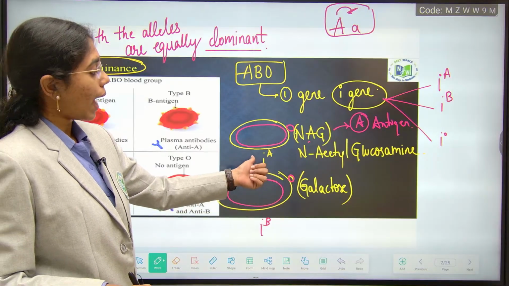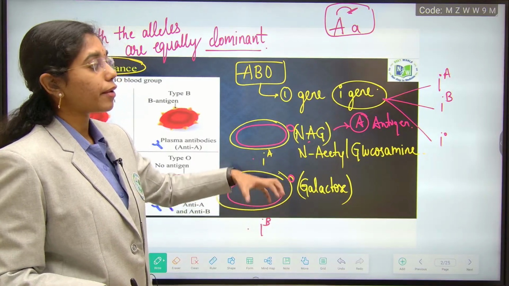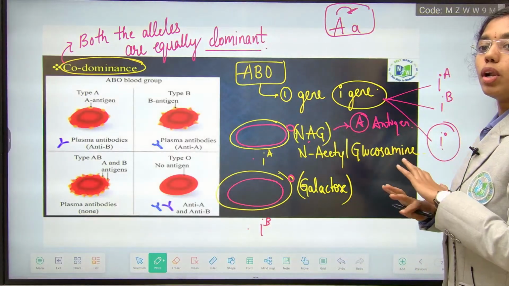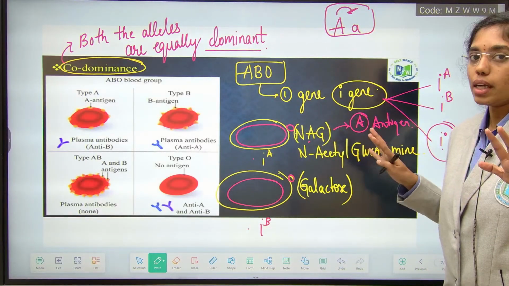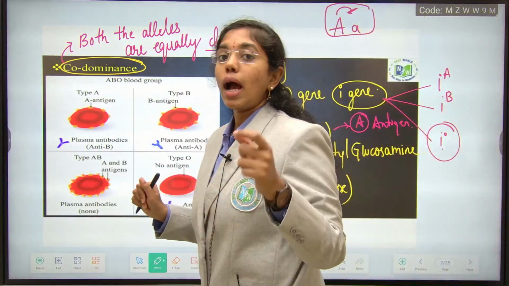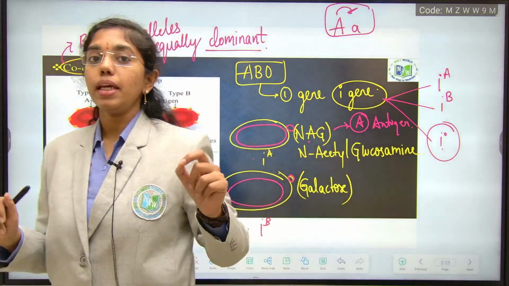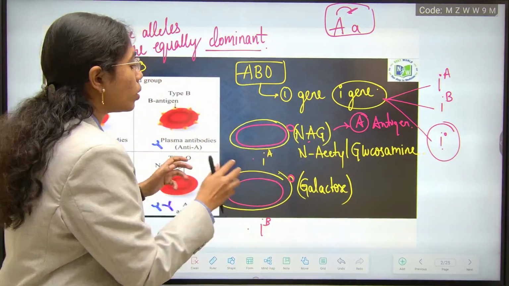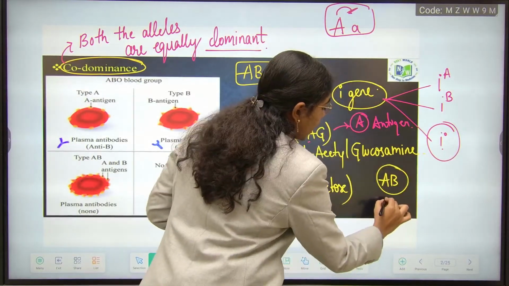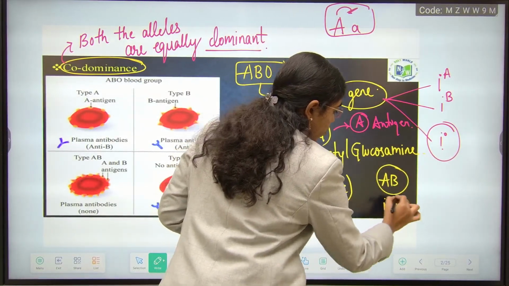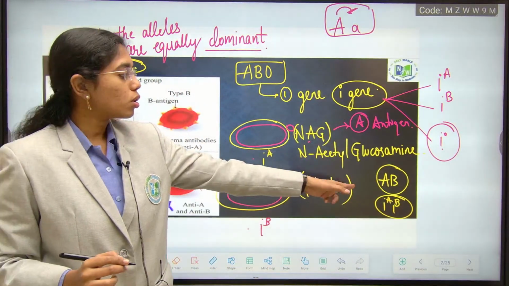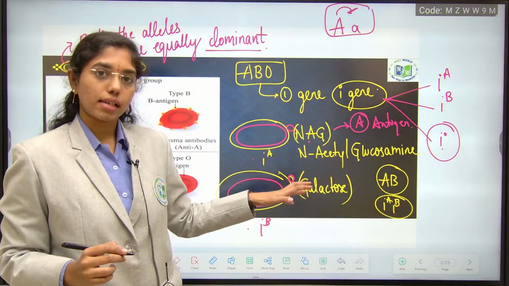As such, IA and IB are dominant over IO, whereas IO blood grouping will not have any antigen over its surface. Whenever IA and IB are present together in AB blood grouping, both the alleles are equally showing their expression. So then the AB blood group has come into the picture.